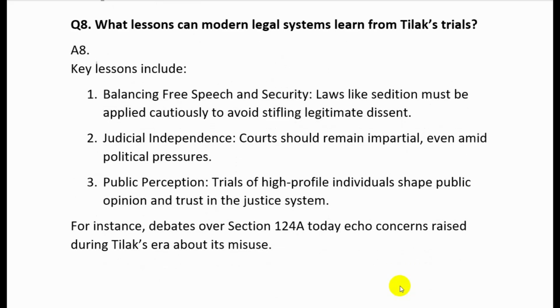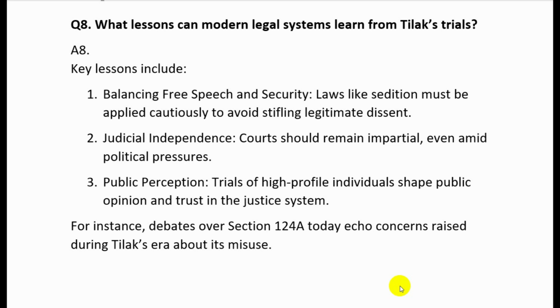Next, what lessons can modern legal systems learn from Tilak's trials? Key lessons include balancing free speech and security, that is, laws like sedition must be applied cautiously to avoid stifling legitimate dissent. Second, judicial independence.